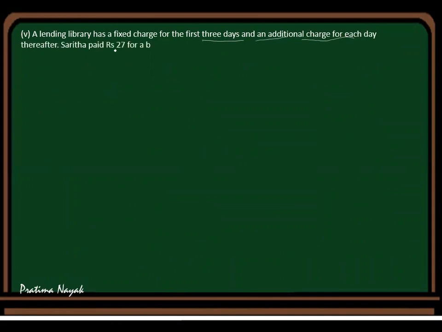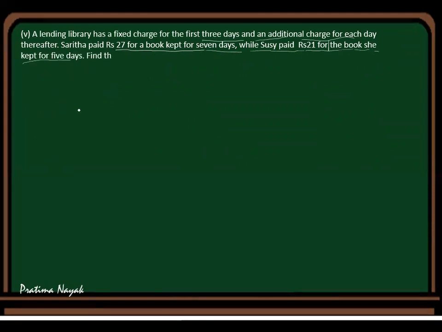Sarita paid rupees 27 for a book kept for 7 days, while Susy paid rupees 21 for the book she kept for 5 days. Find the fixed charge and the charge for each extra day.